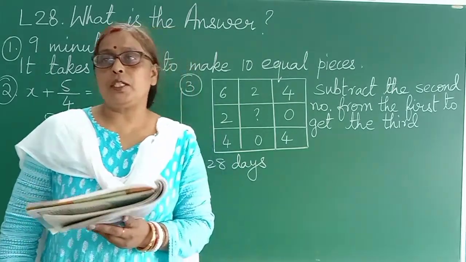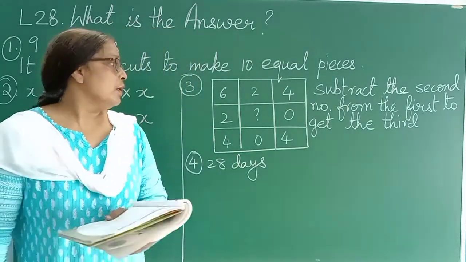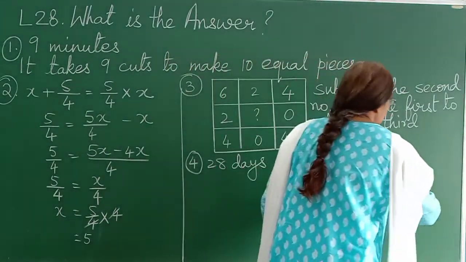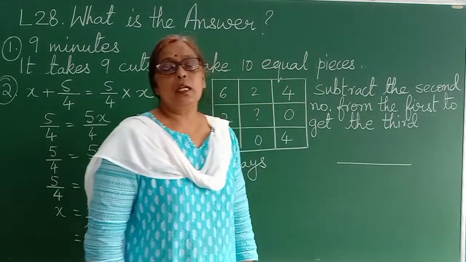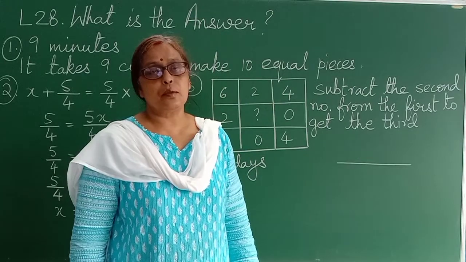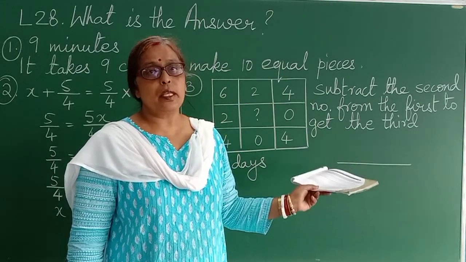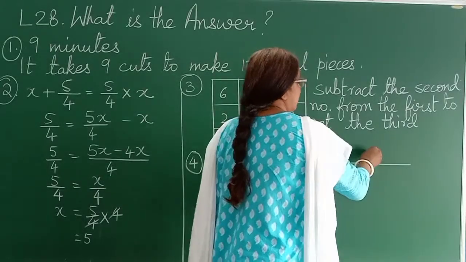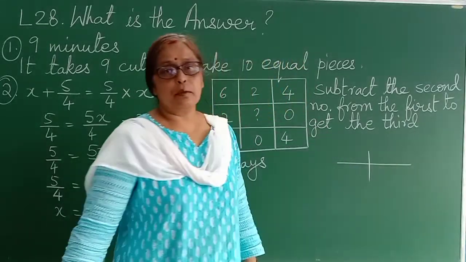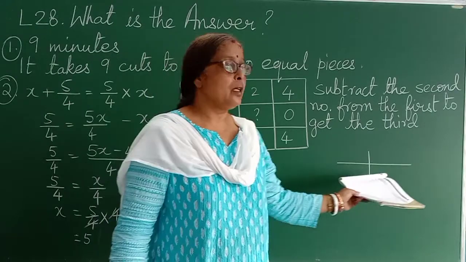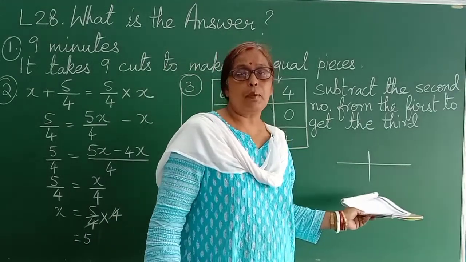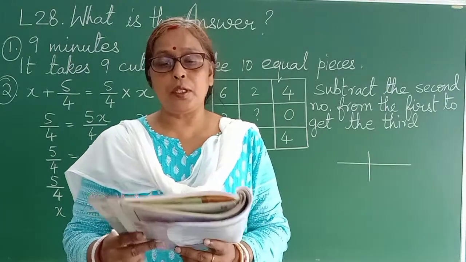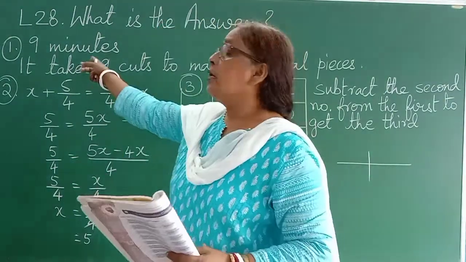If you think logically, suppose a line is there and you need to cut it into 2 equal parts. One cut is making it into 2 equal parts. So children, in this question, the answer will be 9 minutes.